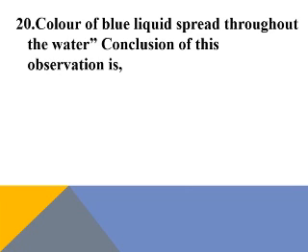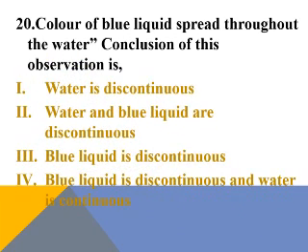This nature, we know it as discontinuous nature or particulate nature. Here, according to this given observation, the conclusion should be water as well as the blue liquid are discontinuous. So, correct answer should be second one.